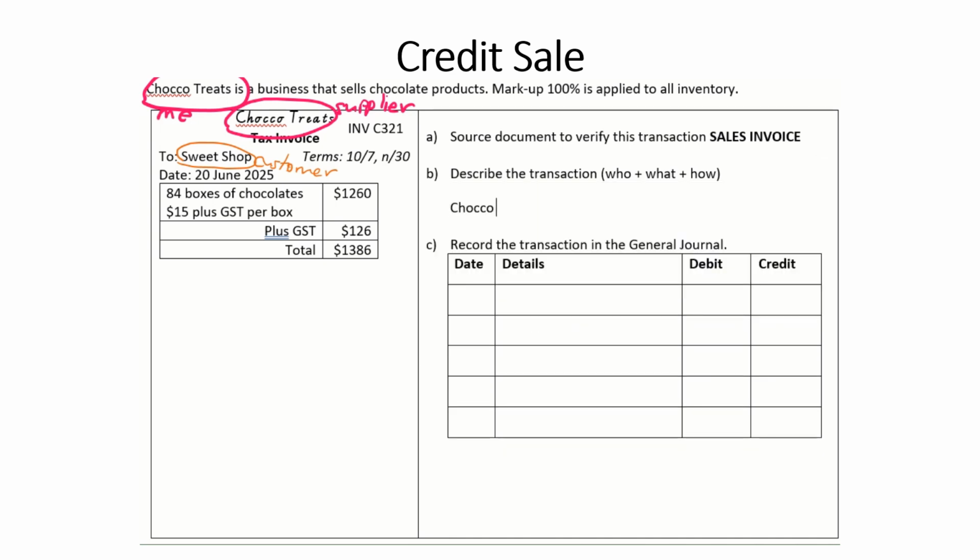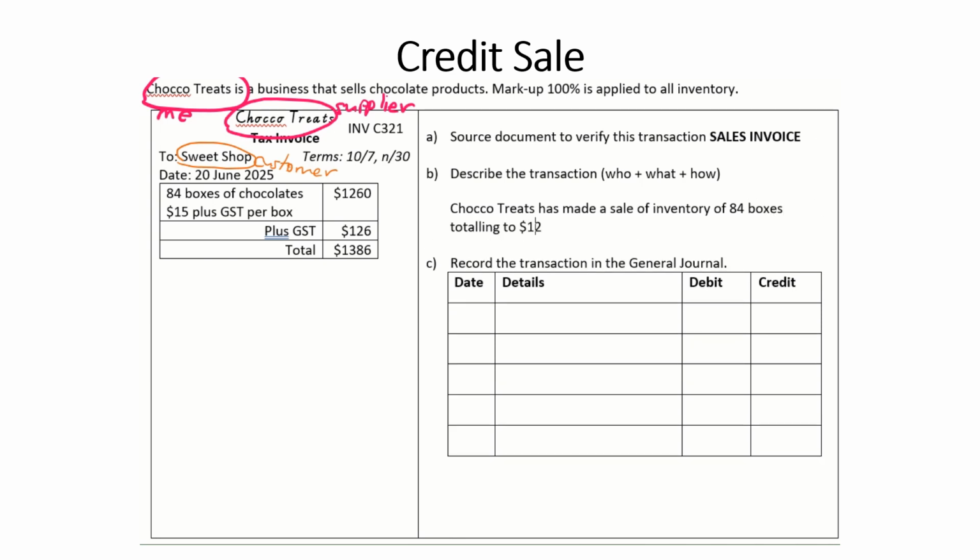So Choco Treats, that's our business, has made a sale of inventory of 84 boxes totaling to $1,260 plus GST, or you could also say $1,386 including GST, to Sweet Shop, which is the customer, on credit, and that's explaining how this sale was made.